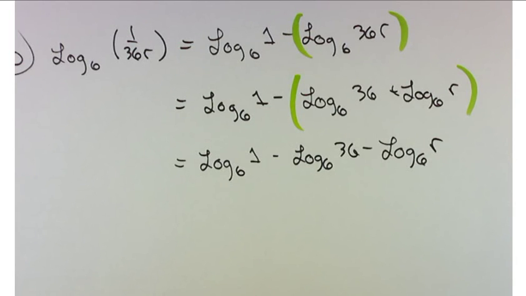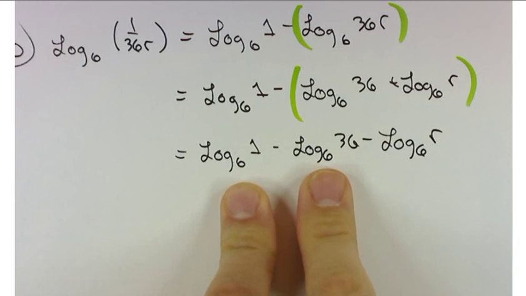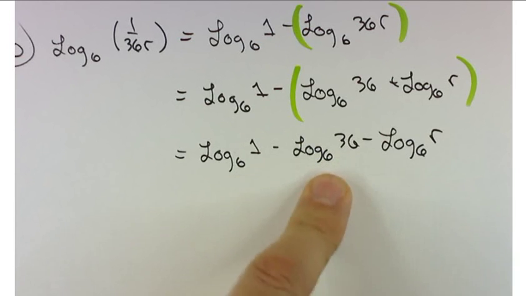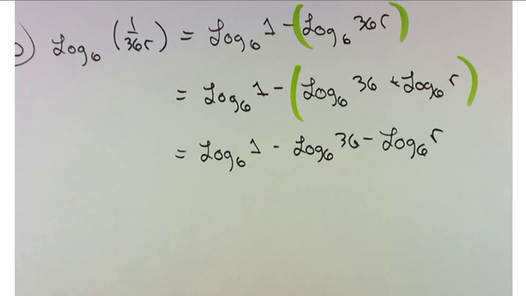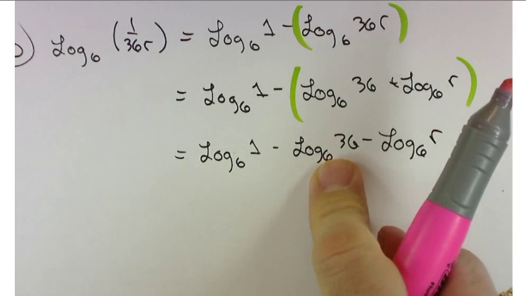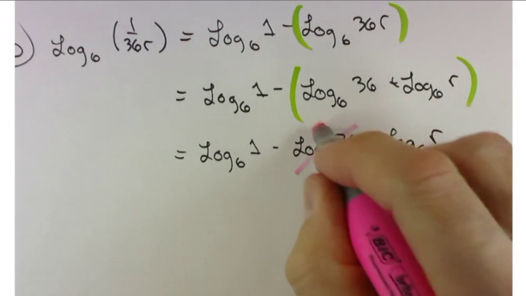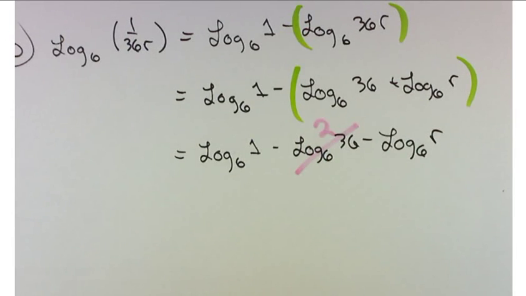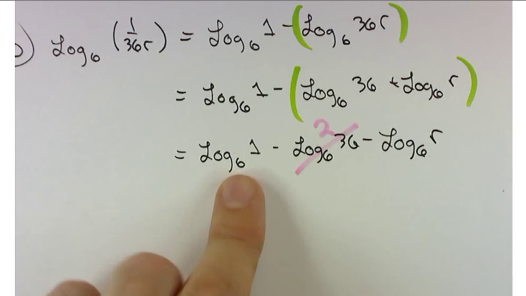But there is some more that we can do here. Can anyone simplify either of these quantities? All right, so the second one here is 2. What power of 6 gives me 36? A 2. All right. Try and use that same logic to answer the first one.